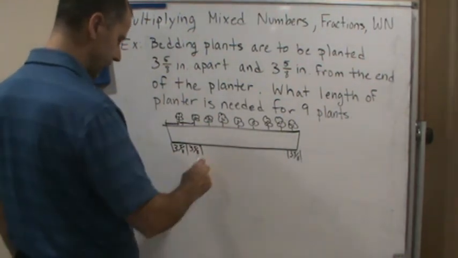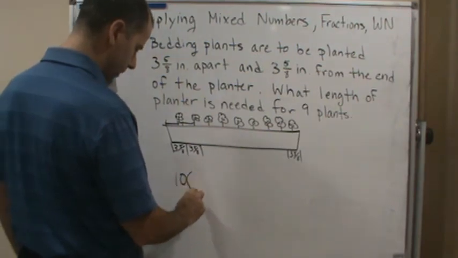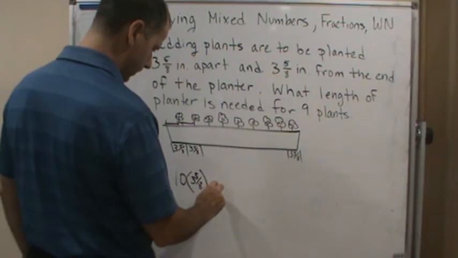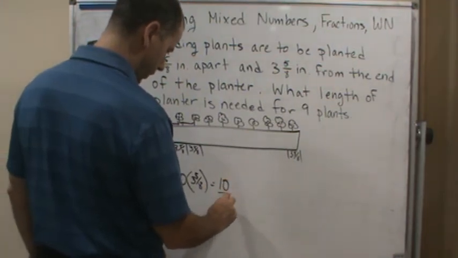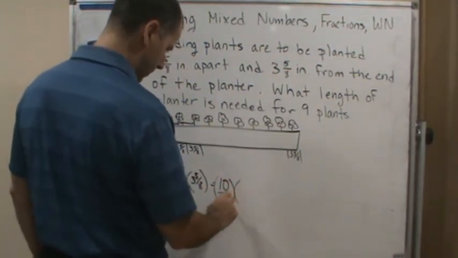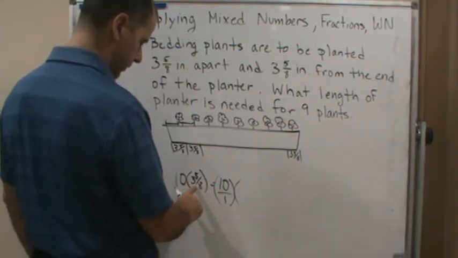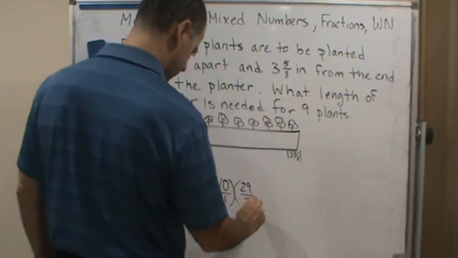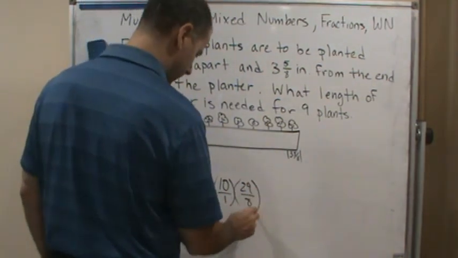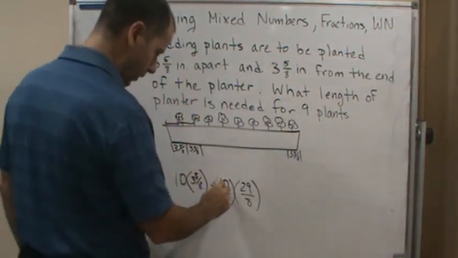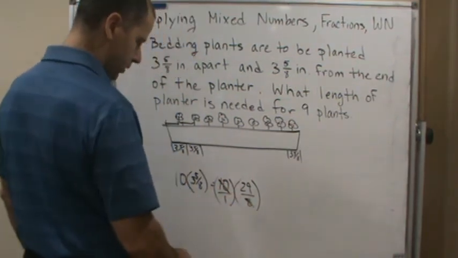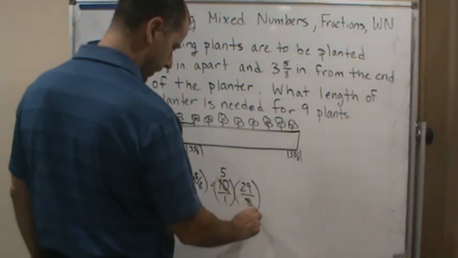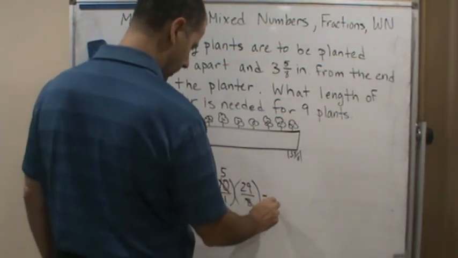So we're going to multiply 10 by 3 5/8, which is equal to 10/1 times 29/8. Now we can cancel some things. 2 will divide 8 and 10, so this will become 5 and this will become 4.